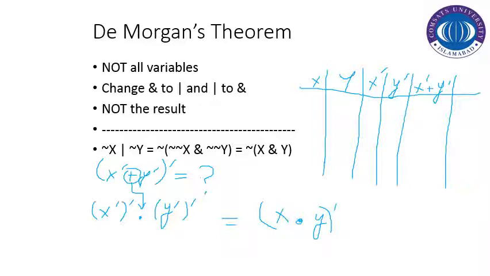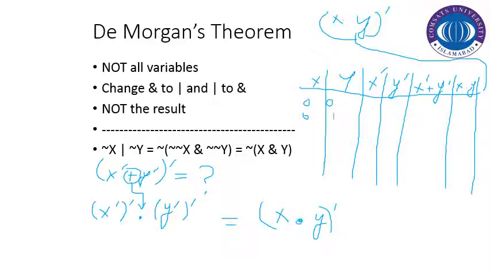The next thing is we will generate x dot y, and the last term will be x dot y prime. The combinations of x and y are 0 0, 0 1, 1 0, and 1 1.